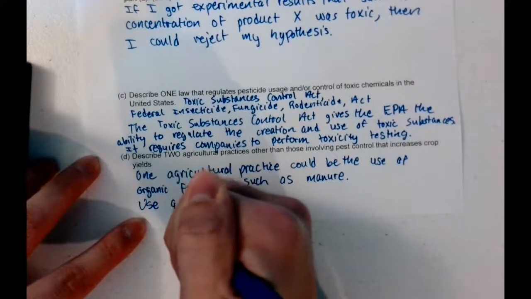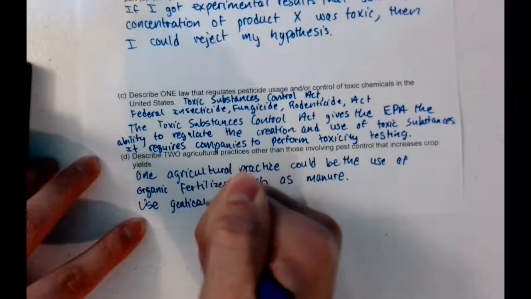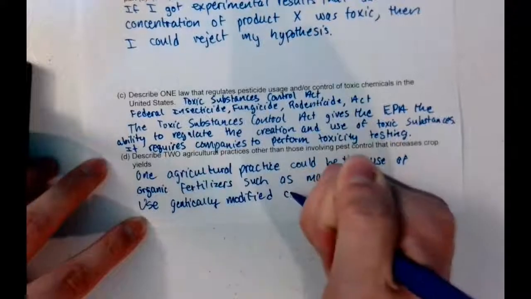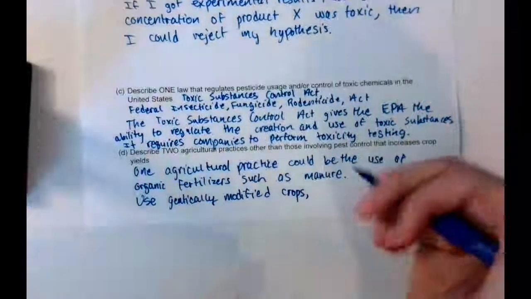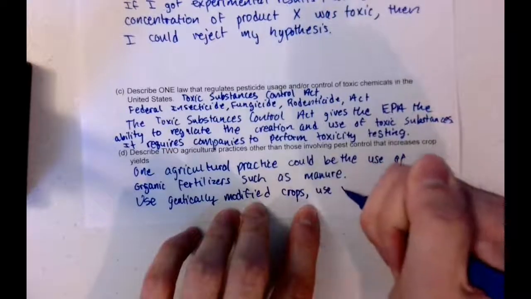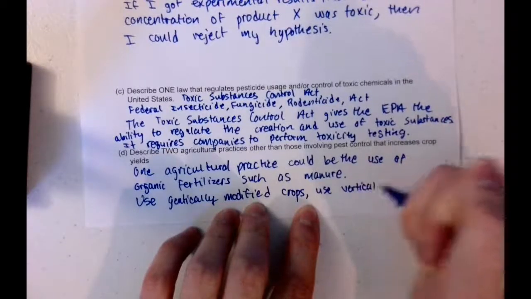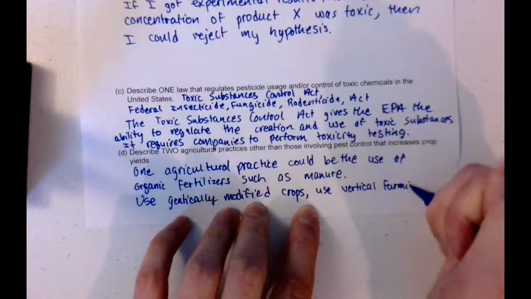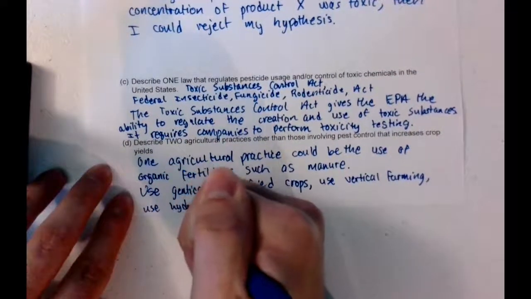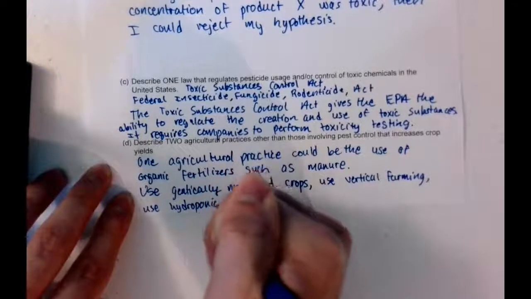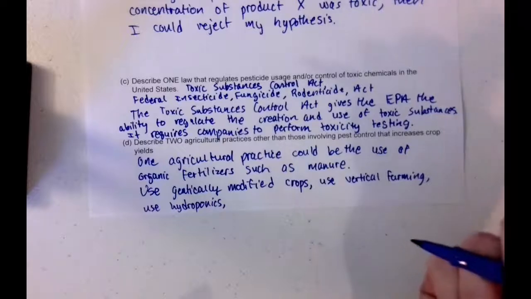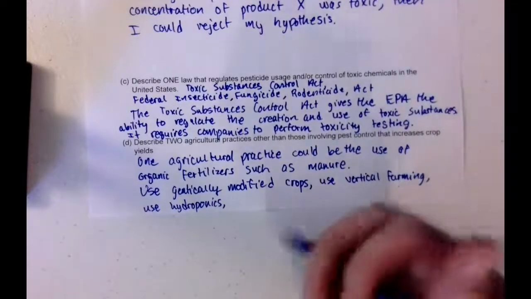Use genetically modified crops. Use vertical farming. Use hydroponics. So pick whichever one you like the most, or maybe you had another idea, and then just describe it.